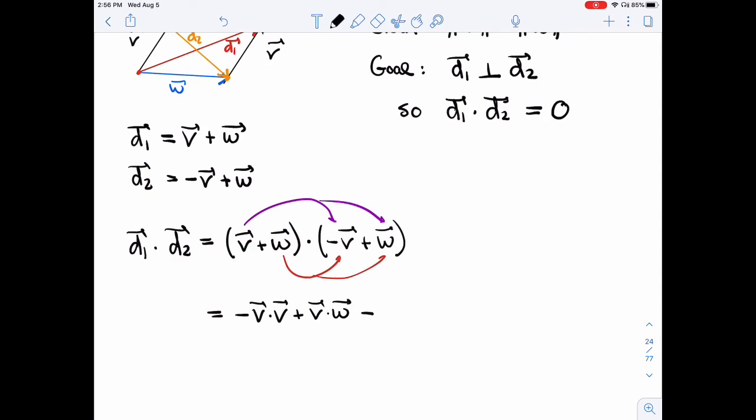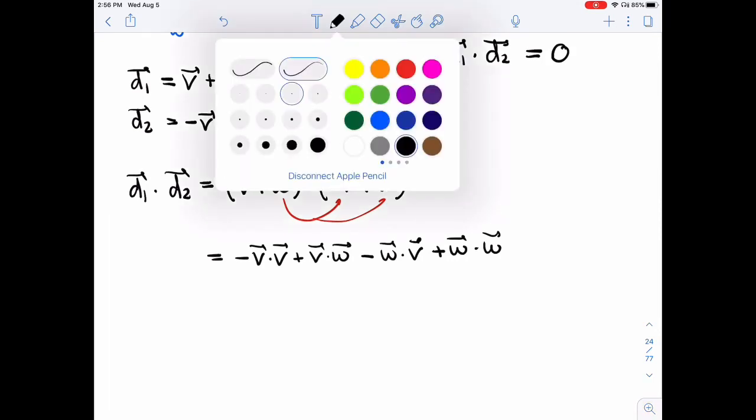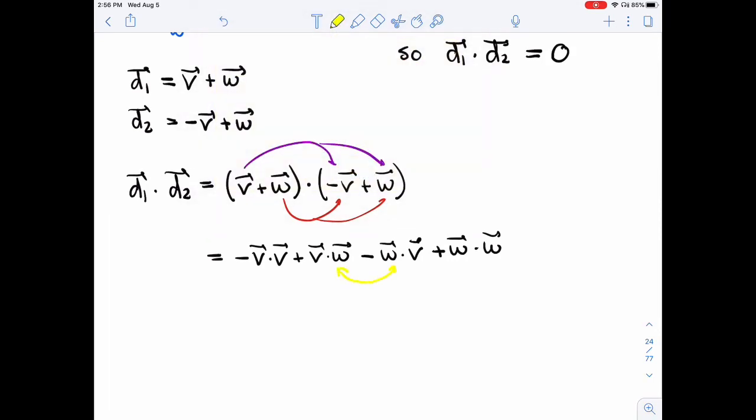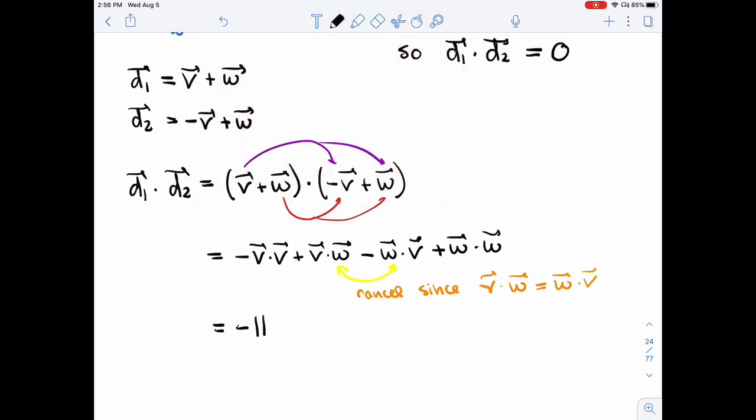I'll get minus W dot V. I'll get W dot W. And so now since the dot product is commutative, these cancel. And so all I get is minus the length of V squared plus the length of W squared.